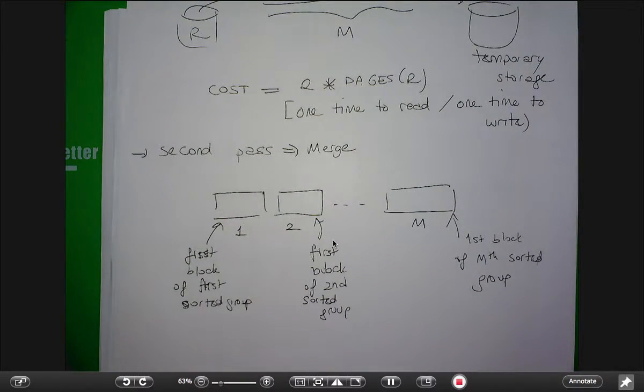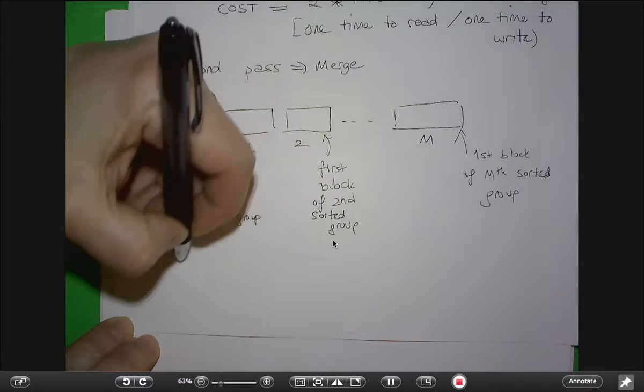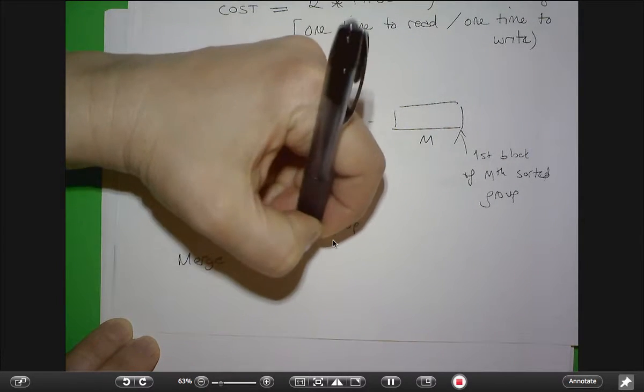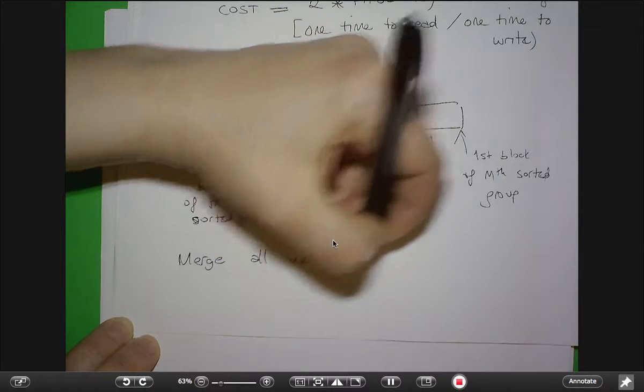Basically find the smallest value from each of the sorted groups, and then read the smallest value, remove it, put it in the output. Read the next one, delete it, put it in the output. So now basically do a merge of all values and output.